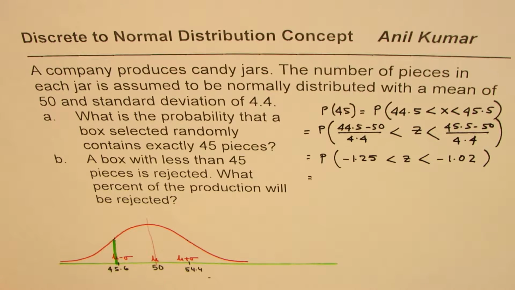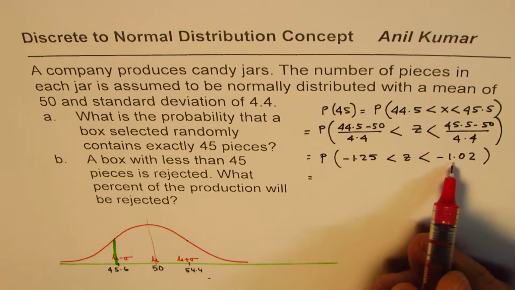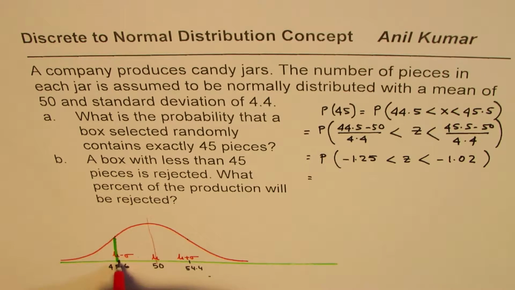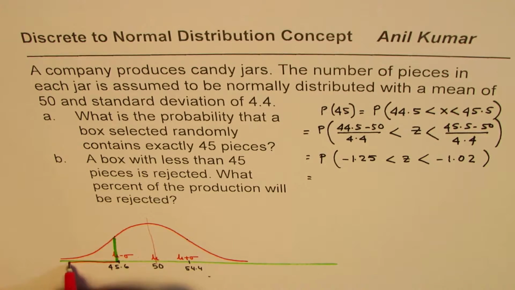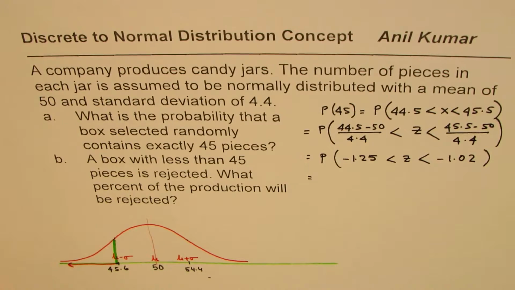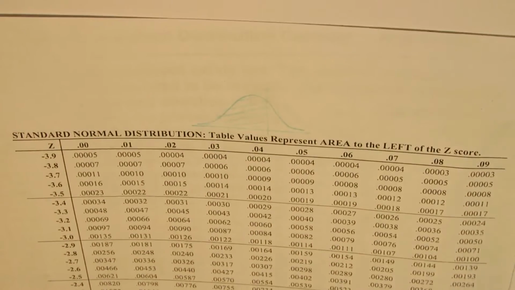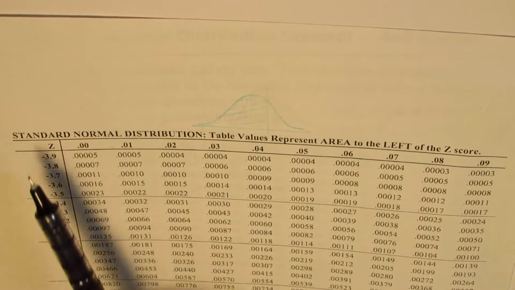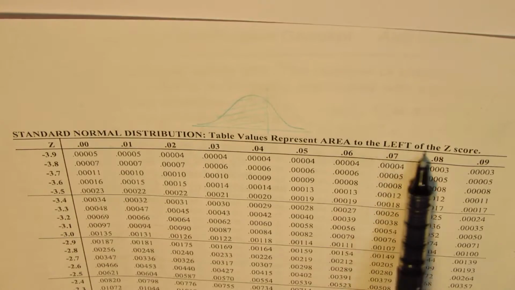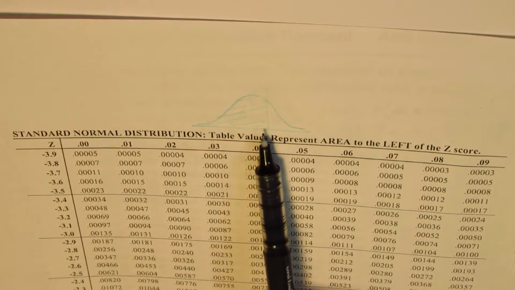So between these two values really means that this value is the one on the right side of this, right? So the idea is that less than. So I'm going to use the table which will have z-scores from the left side. This standard normal distribution table represents area to the left of z-score, right? So we are using the left side.